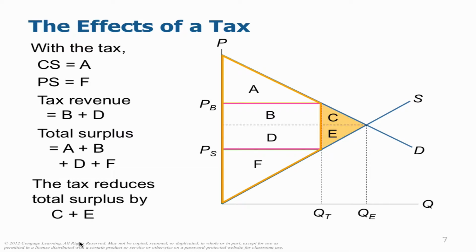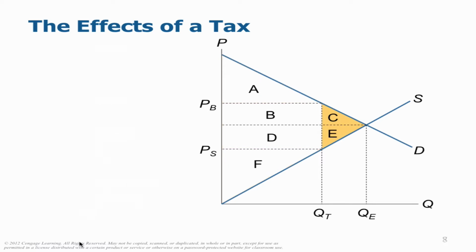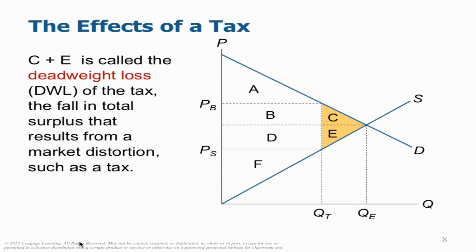So this is what our tax costs us. Because the tax revenue is getting used, it's a benefit to society. This is your deadweight loss.